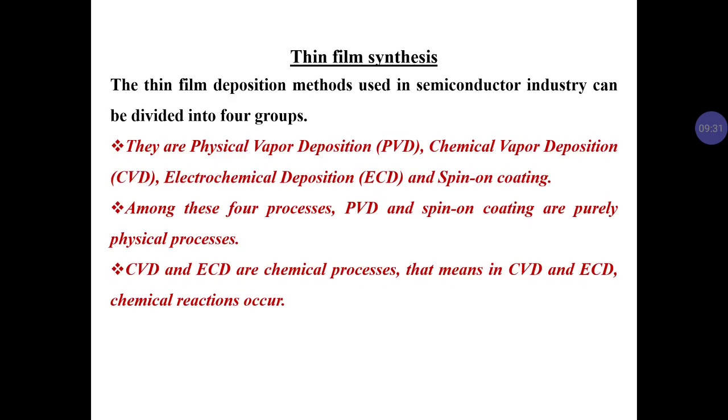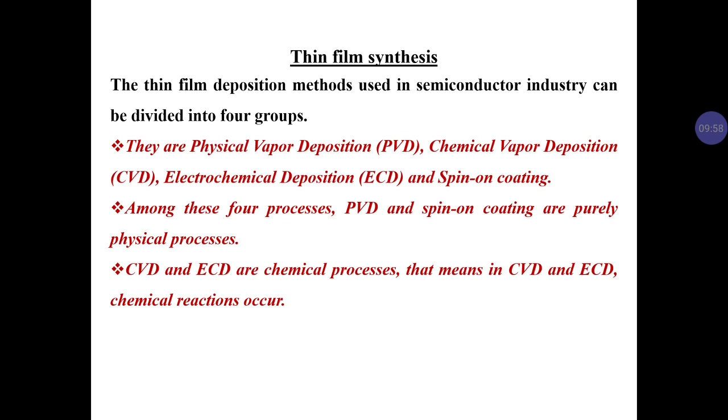How can this thin film be grown? The thin film can be grown by several technologies, and among them the main methods are physical vapor deposition (PVD), chemical vapor deposition (CVD), electrochemical deposition (ECD), and spin-on coating. In this, the PVD technique and spin-on coating are purely physical processes. In CVD and ECD, a chemical reaction will occur.